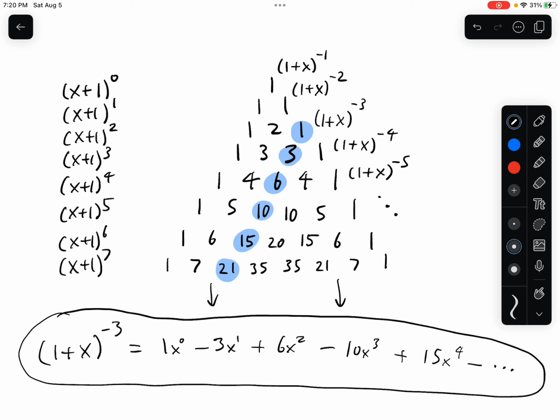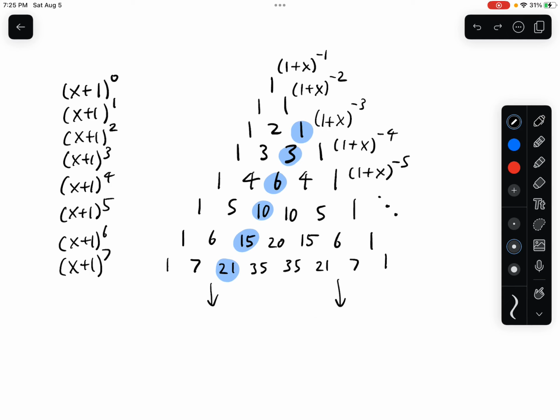Very, very handy. And just to drive home the process, let me do one more example. Let's write the power series for 1 plus x to the negative fifth power. Well, this can be done using the fifth diagonal of Pascal's triangle. So we have 1, 5, 15, 35. So we can write 1, 5, 15, and 35.